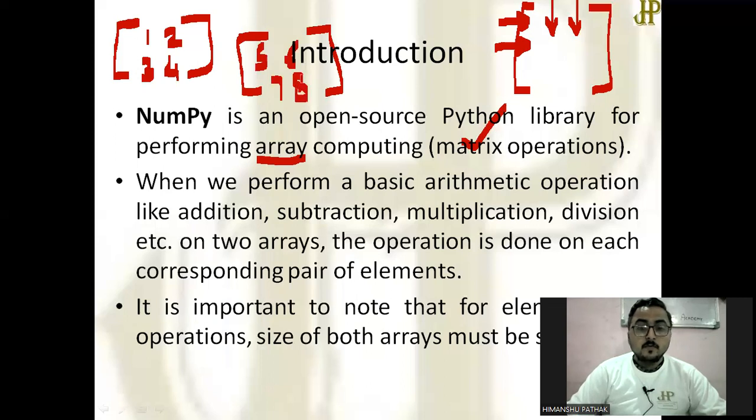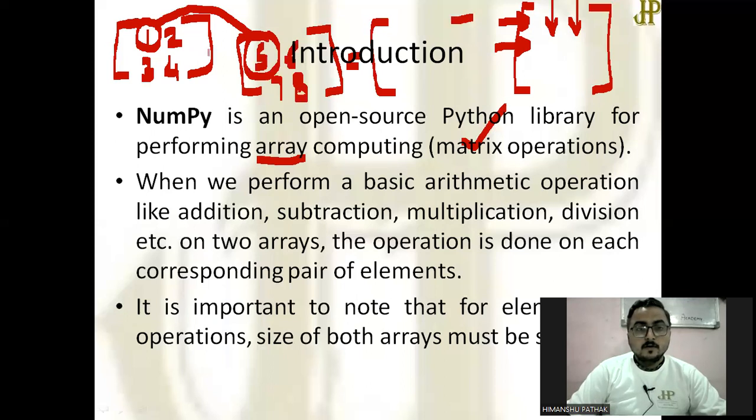If I add these two matrices, what will happen? It will add the first row, first column value with the first row, first column of the second array, and so on. So the result will become like this.